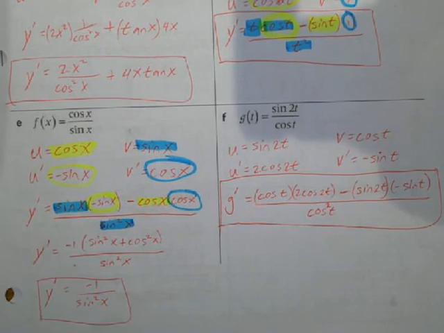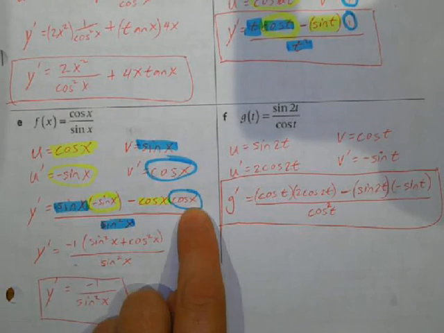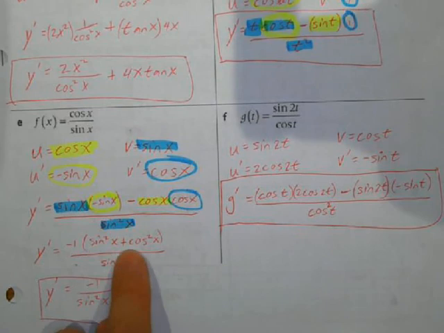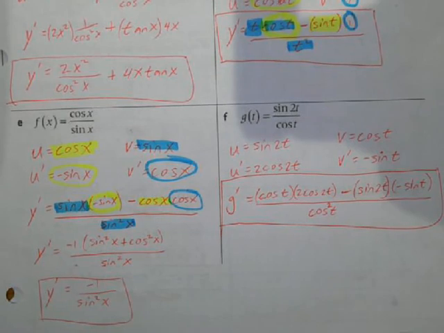And this is an interesting one because I've got negative sine squared x here and negative cosine squared x here. I could factor out a negative 1, and then I've got sine squared x plus cosine squared x. This is an identity. I could replace that with 1. Okay, that was a nice one.